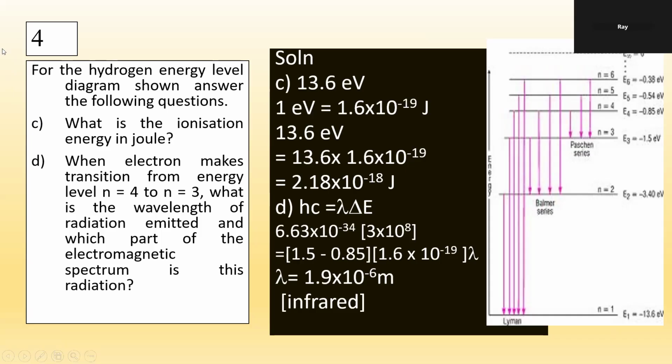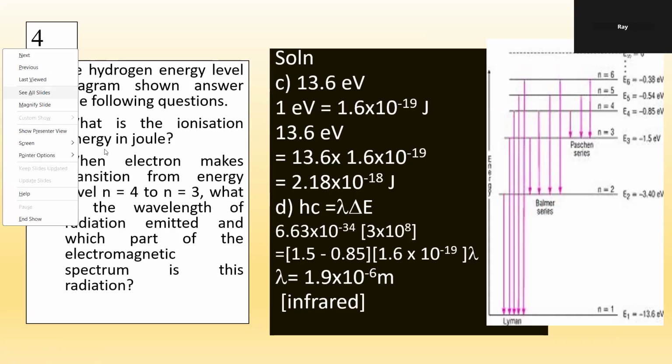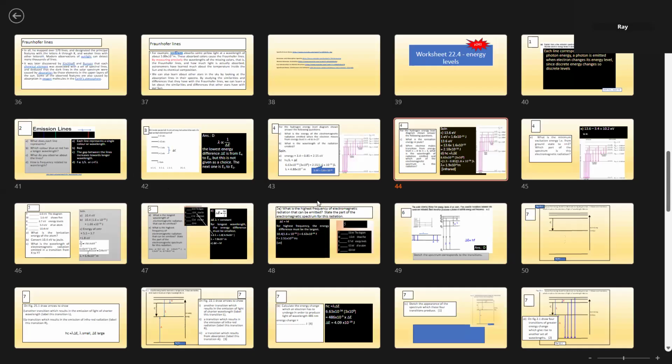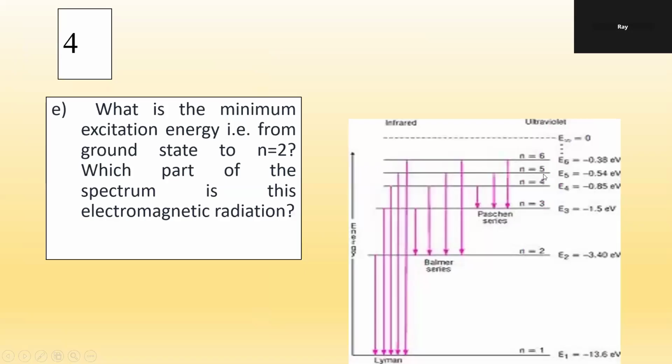Okay, let us try something. You can try the rest, I won't do all of them. What is the minimum excitation energy? That is from the ground state to n=2, right? The electron is always in the ground state, so in order to be in the excited state, it must receive that minimum energy.